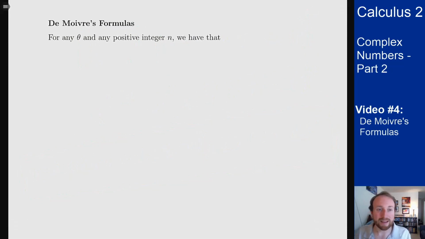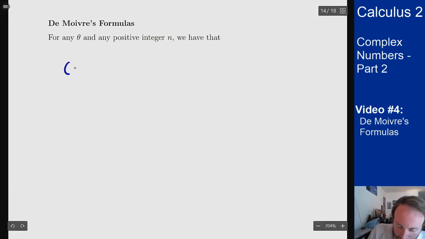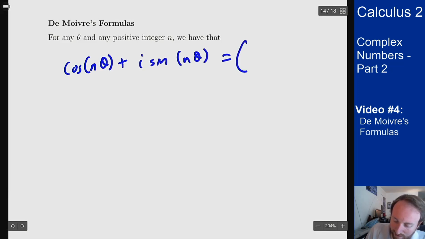That is the idea of de Moivre's formulas. It says that for any theta and for any positive integer n, we have that cosine of n theta plus i sine of n theta is the same thing as cosine theta plus i sine of theta to the n.